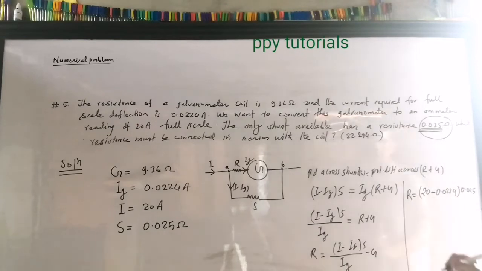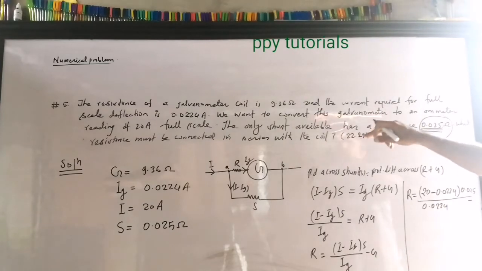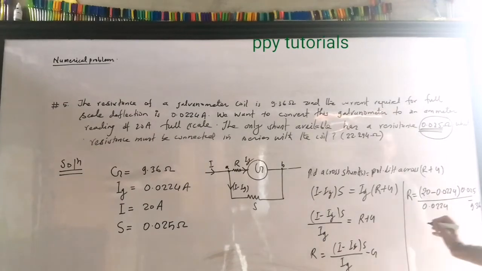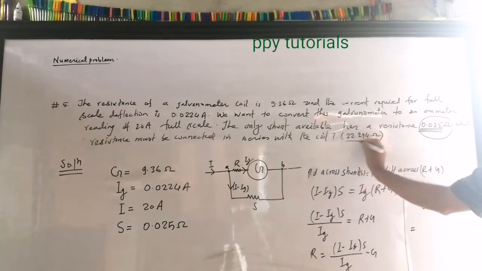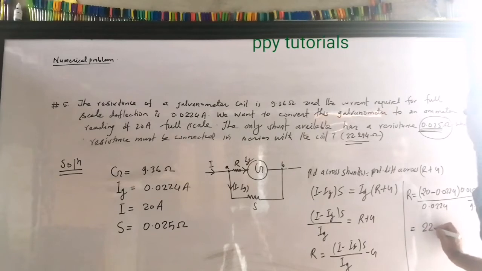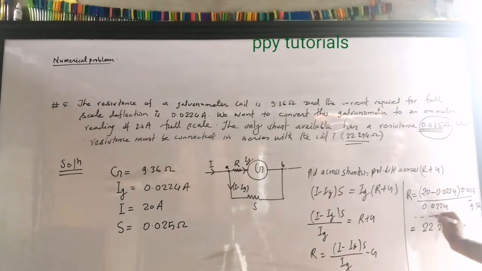Then Ig is 0.0224, minus the resistance of the galvanometer coil, which is 9.36. Now press the calculator and very easily you will get the answer. That is, you are getting 22.294 ohm, or maybe something else, so just press the calculator.